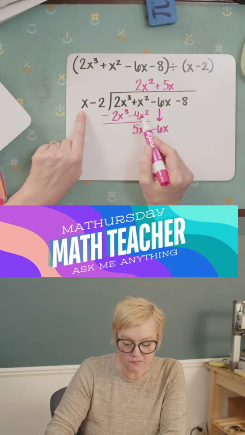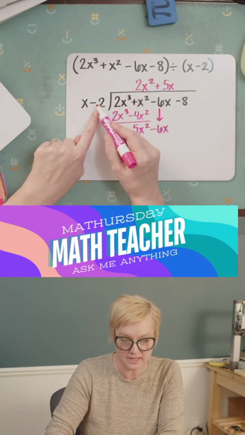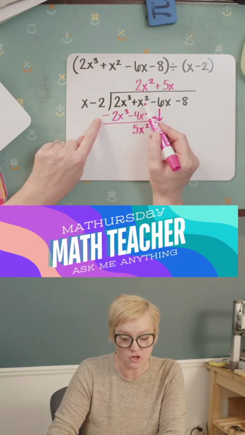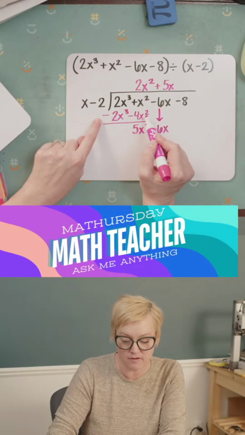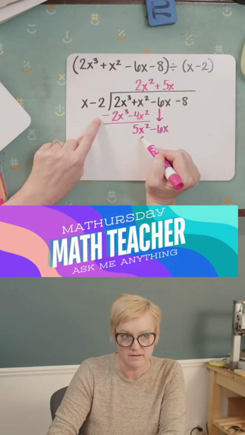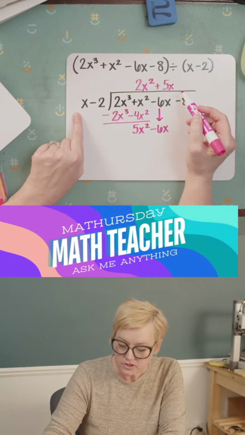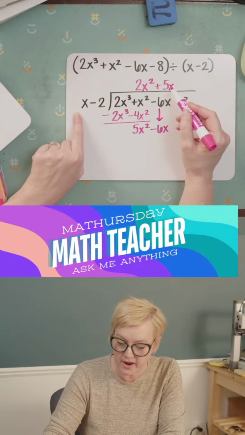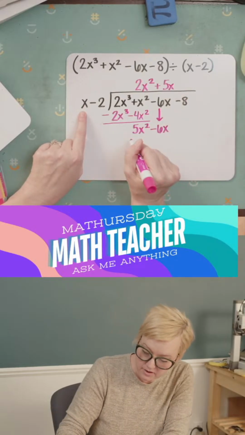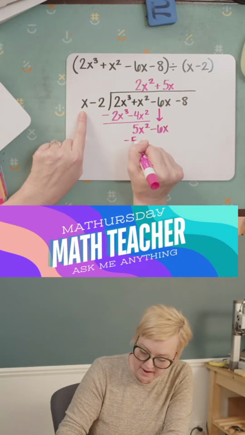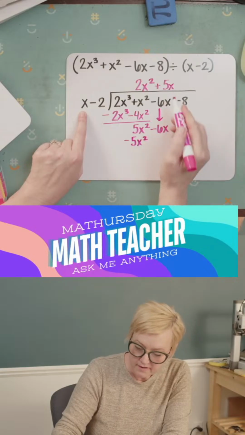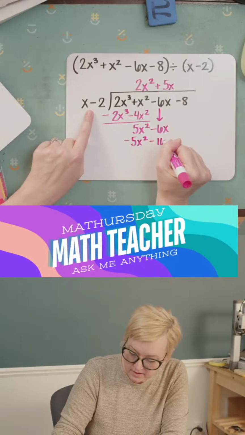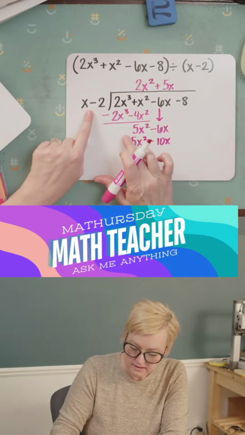So the -4x squared came from 2x squared times -2. That brings that down. This is subtracting. So x squared minus -4x squared gives me 5x squared. Okay, 5x times x is 5x squared. 5x times -2 is -10x.